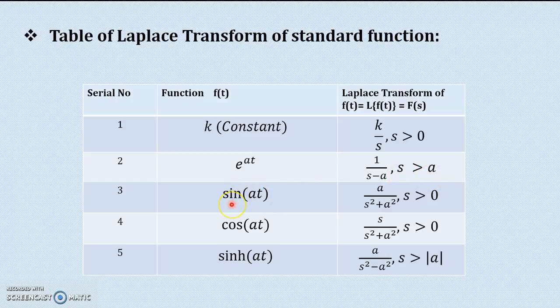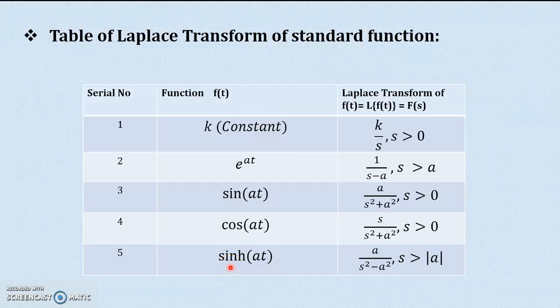If the function is sine of at, then its Laplace transform is a upon s square plus a square for s is strictly greater than 0. If the function is cos of at, then its Laplace transform is s upon s square plus a square for s is strictly greater than 0.